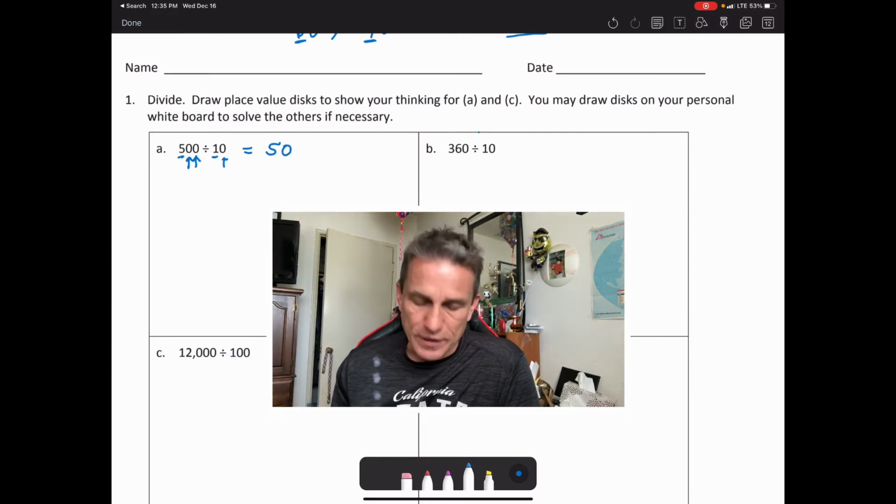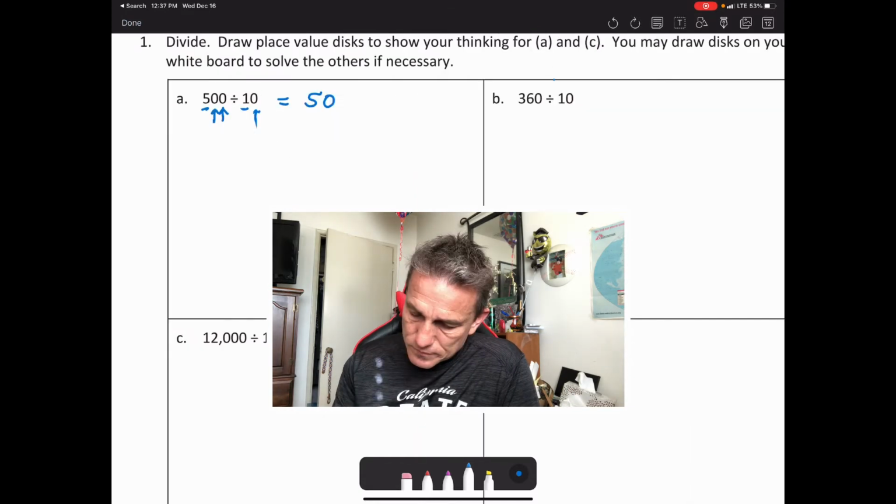So this is another way of saying, well, we have 100 and we're dividing the 100 by 10, and that will leave you with 10. And it's the 10 that has the 1 zero, right? So that's why we ended up with 1 zero. Okay, so in B, we have 36 divided by 1.